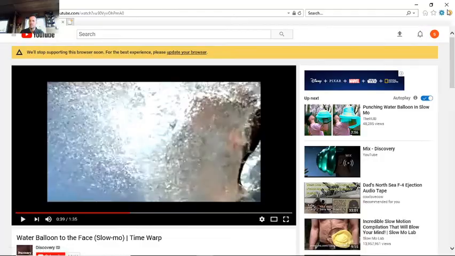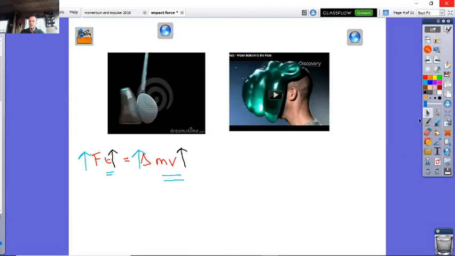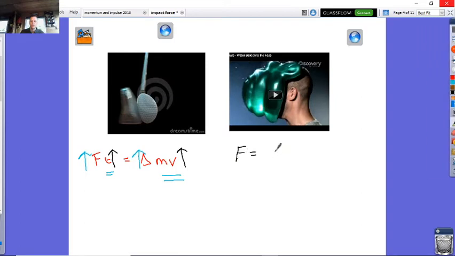The whole point behind showing you this is taking the equation the other way around. Now we've got the force equals the rate of change of momentum with time.